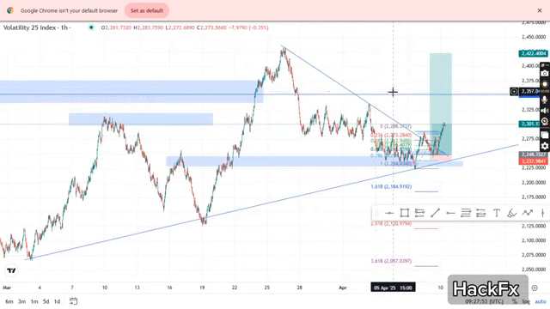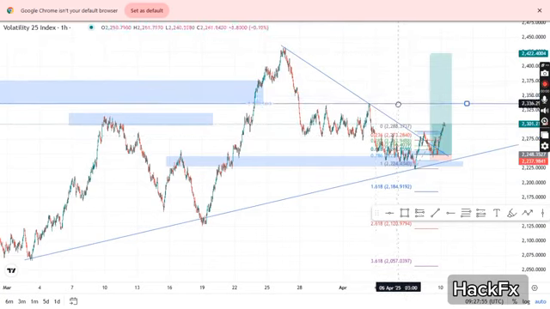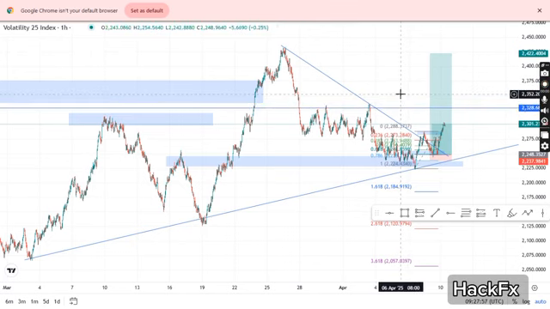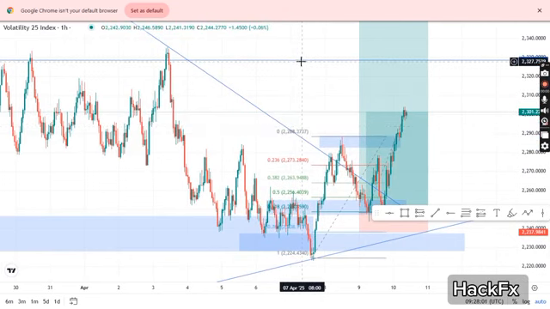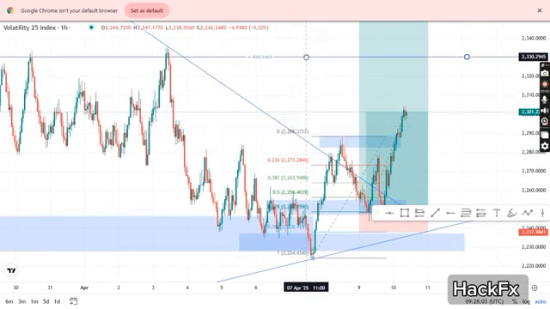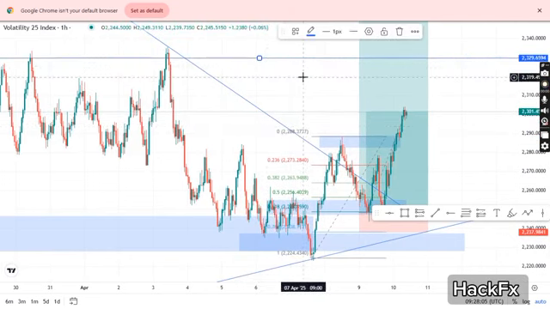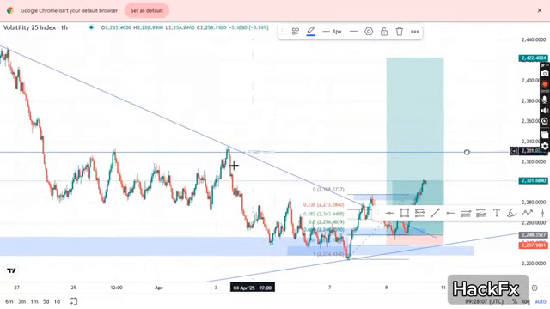So TP1 should be here. Okay, this is a supply zone. That is why it should be TP1. This is a supply zone on its own. So price goes from zone to zone.